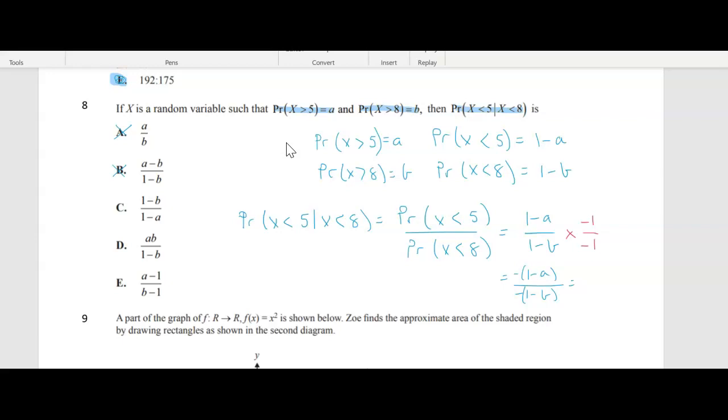So whatever was positive now becomes negative, and whatever was negative becomes positive. So that negative a becomes positive a. So it's a minus 1, and that negative b on the bottom becomes b minus 1. So the answer for this one is E.